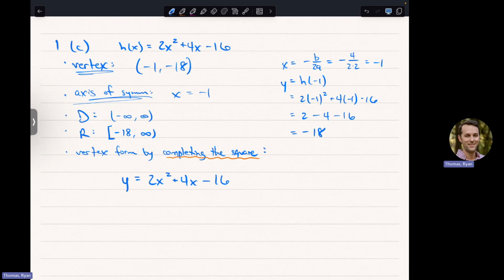Axis of symmetry. Let's see, plug -1 in.